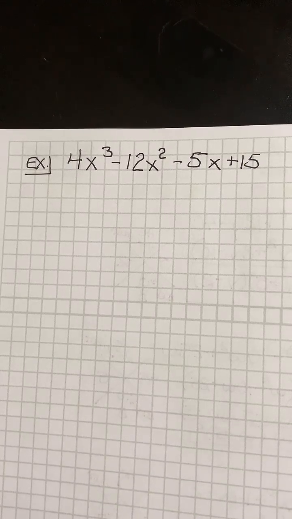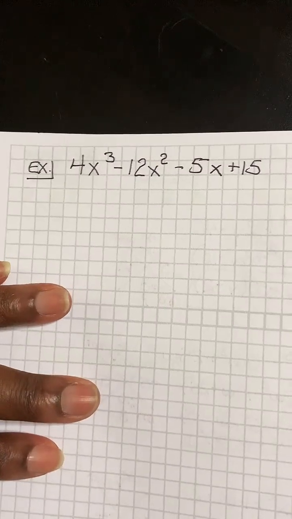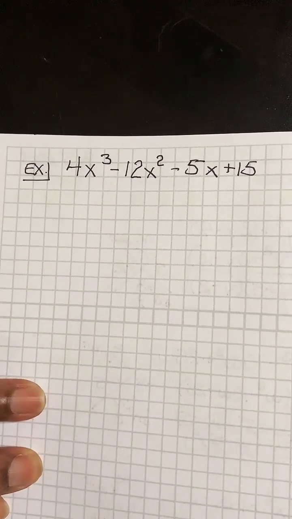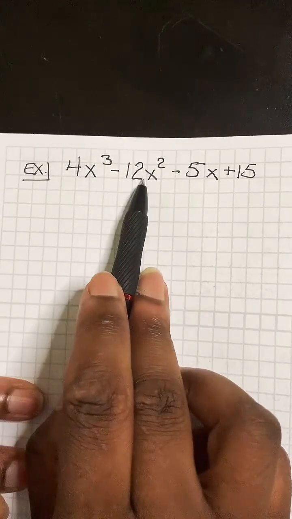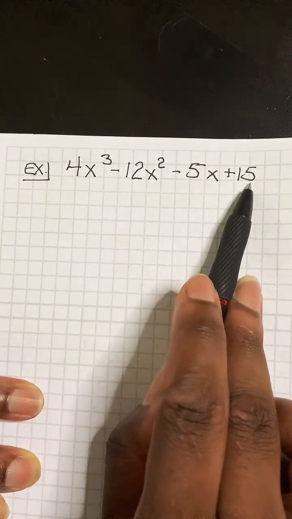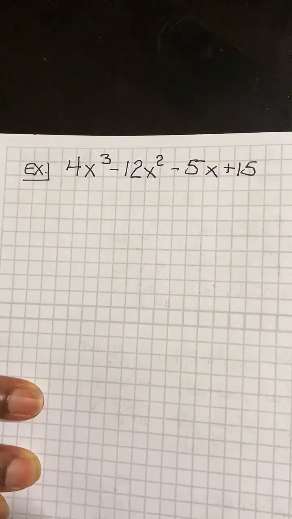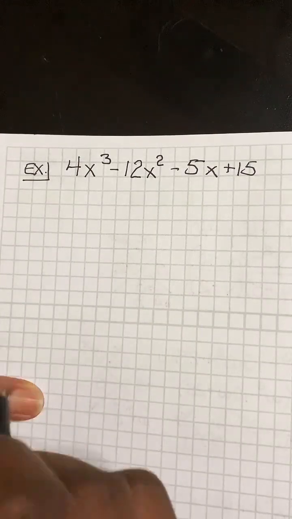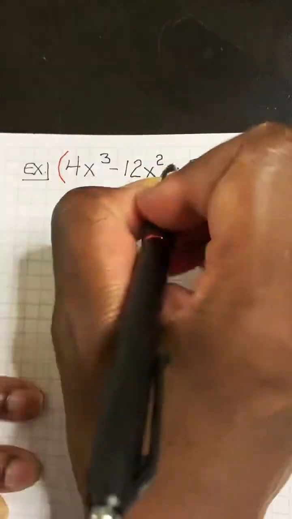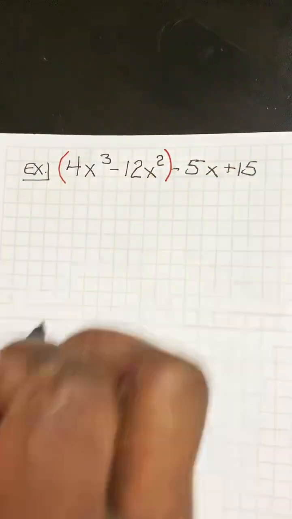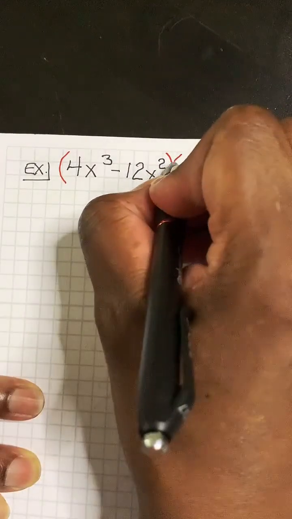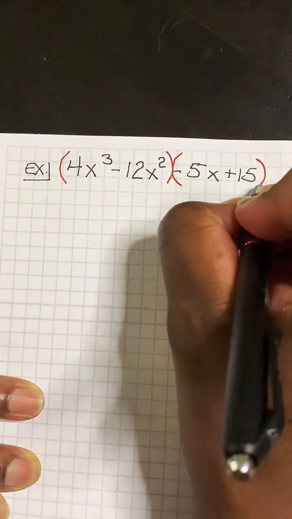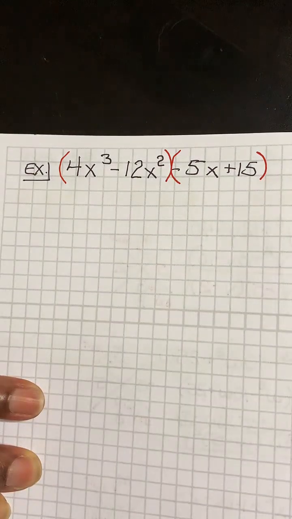Okay. So if you got it, go ahead. If you're learning, stick with me. Anytime you see four terms, that means you're going to do grouping. And if they say factor, you're going to do it by grouping. So you group the first two terms, then you group the last two terms.